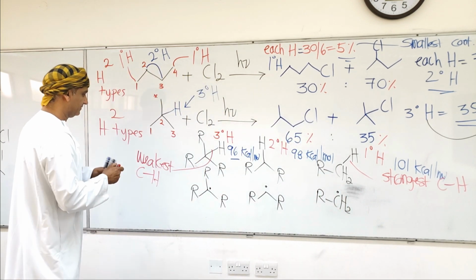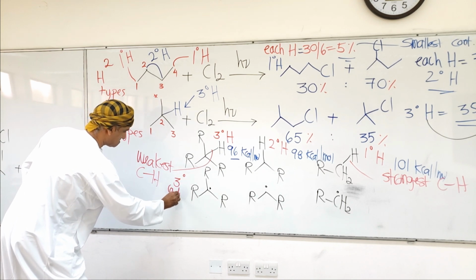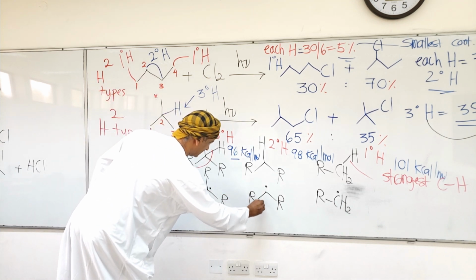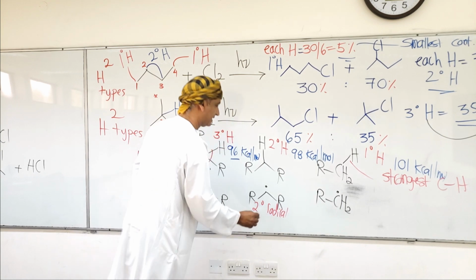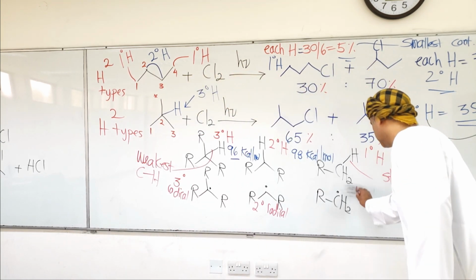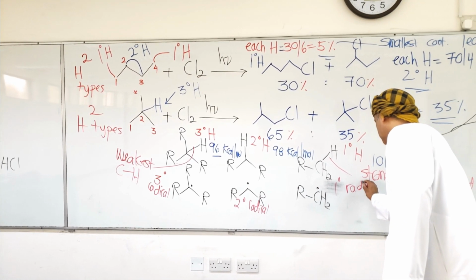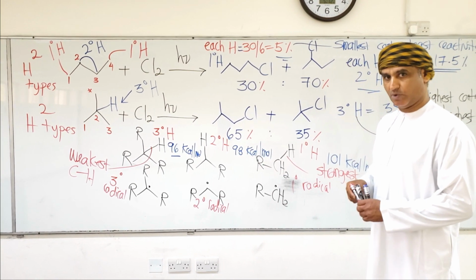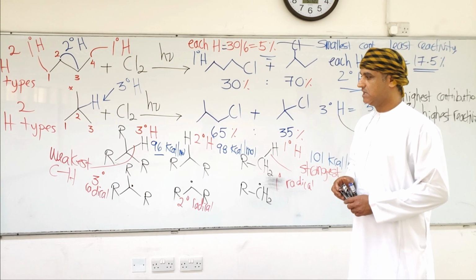So this is the tertiary radical. This is the secondary radical, whereas this one is the primary radical. Now, that CH bond in the first substrate on the left, that is the weakest bond.